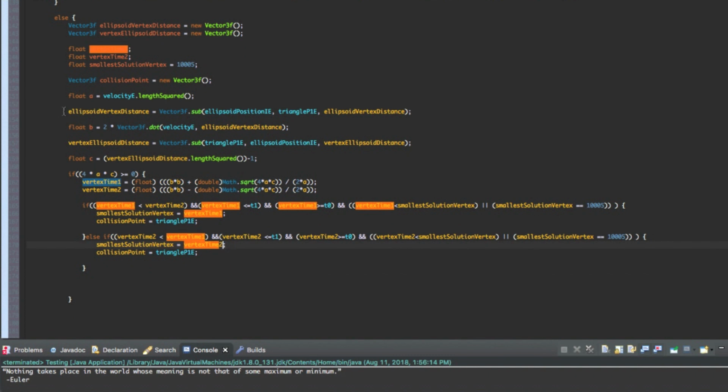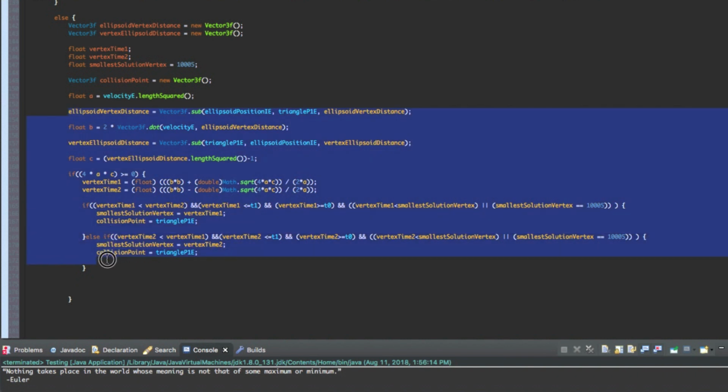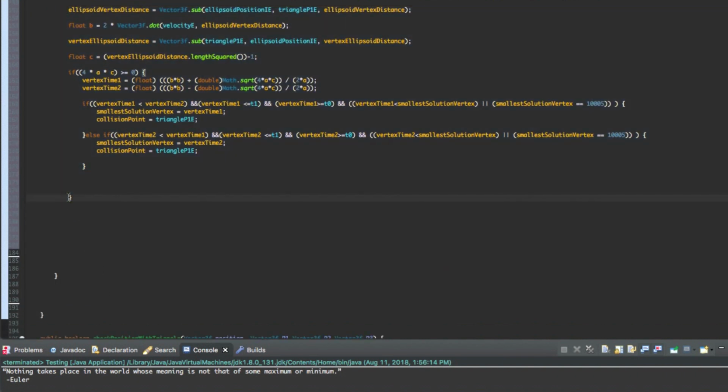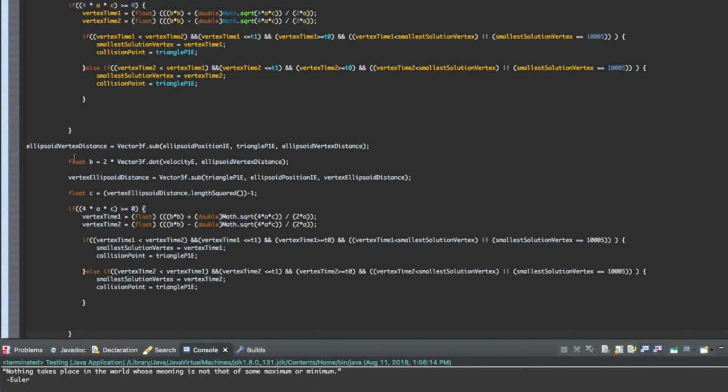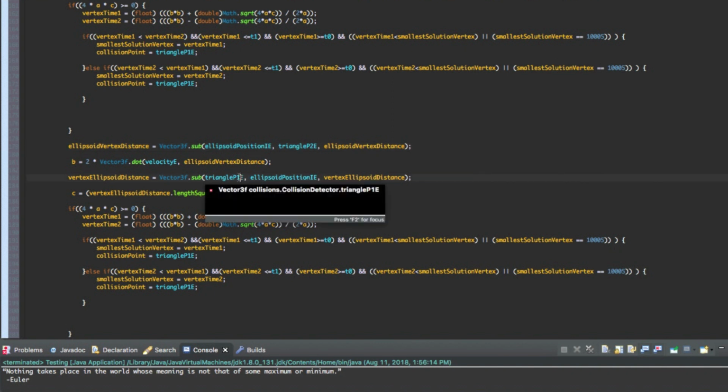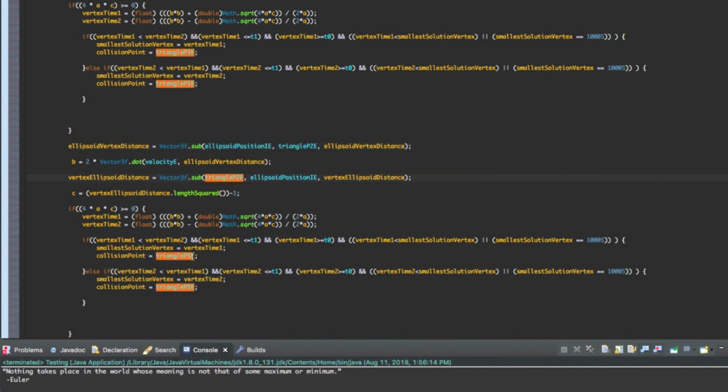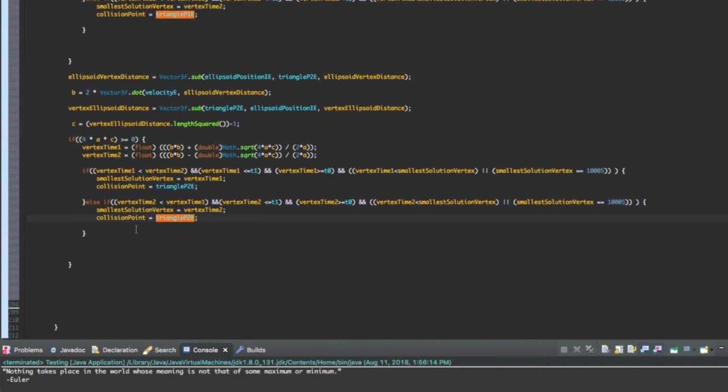And now what we're going to do is just copy from ellipsoid vertex distance equals 2 all the way down to the end of that inside of the determinant if block. We're going to copy and paste that, and this section we will run for the second vertex, triangle P2E. So you need to change all of the places where it says P1E to P2E.